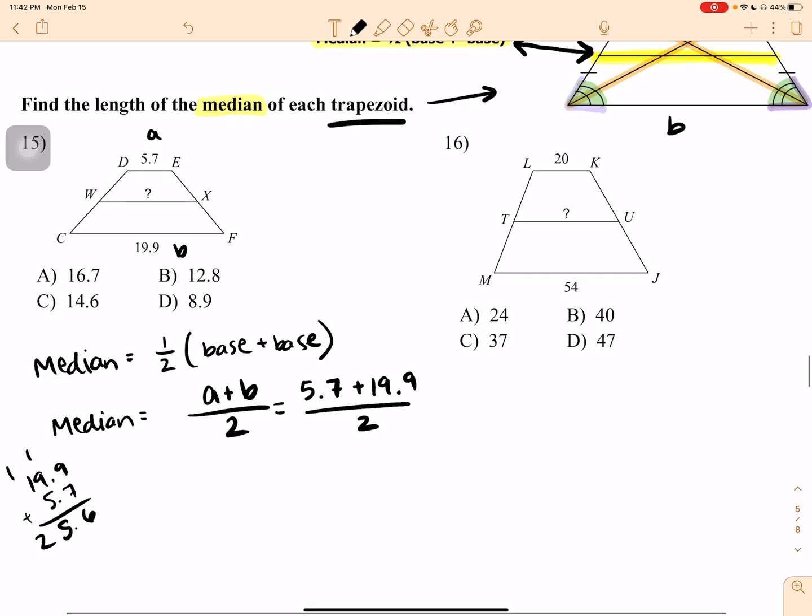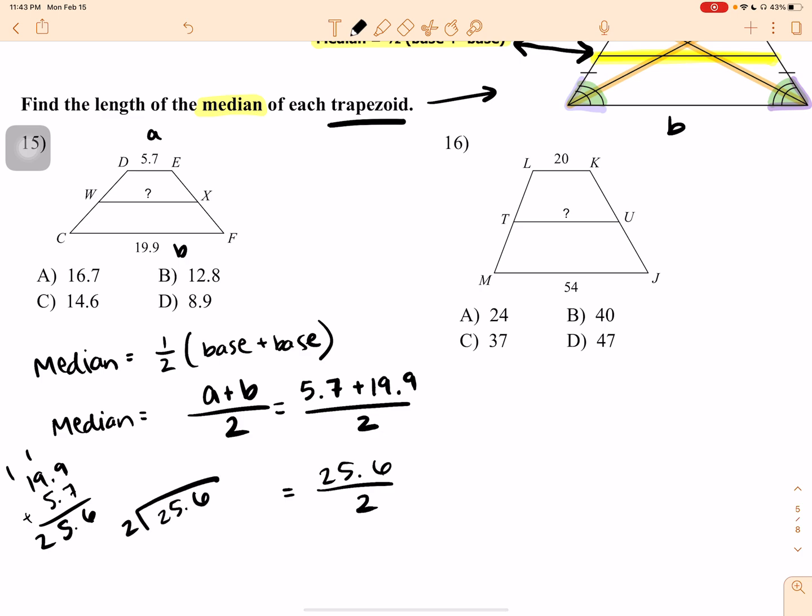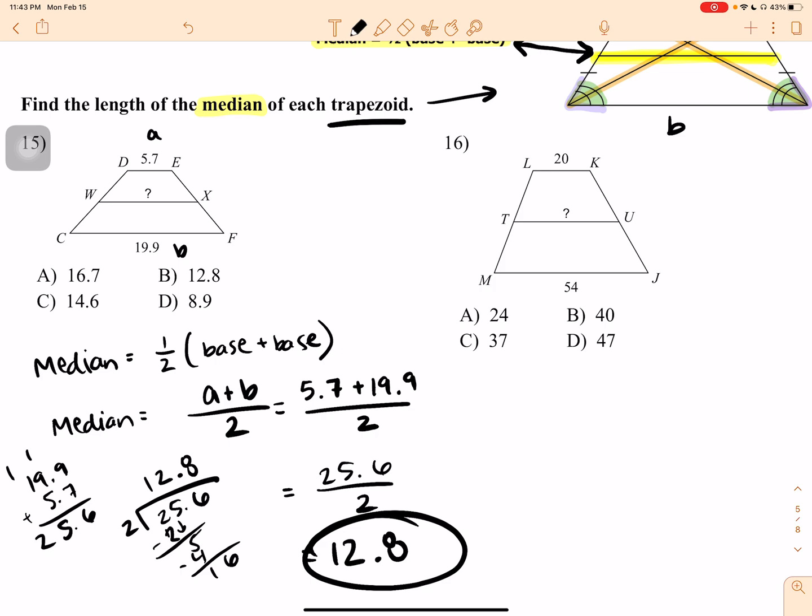So we're going to have that the median is 25.6 divided by 2. I'm going to definitely do long division here. 12.8. So our median length there, that line down the middle there, is 12.8.